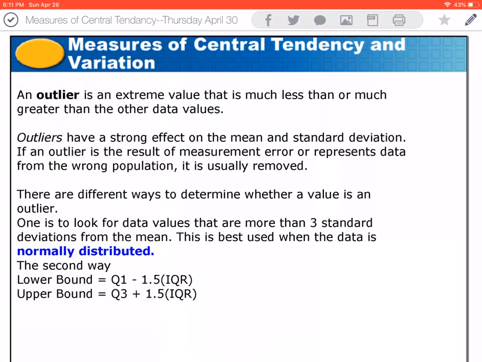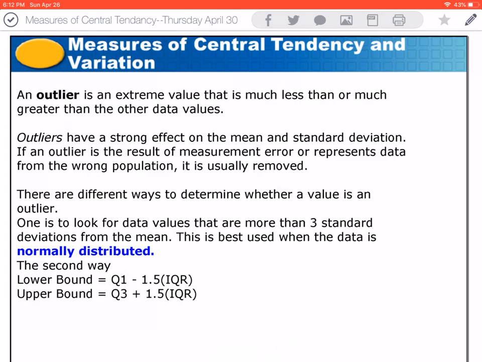The second way is to consider our lower bound, our absolute rock bottom lowest value, and our absolute highest upper bound value. What I mean by that is if we're going to figure out if something's an outlier or not, we need to have some kind of a parameter to judge that. So the first thing that we want to do is consider the least possible number that we're willing to include in our data values.